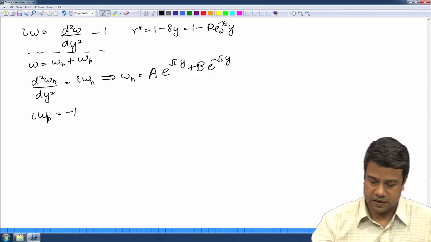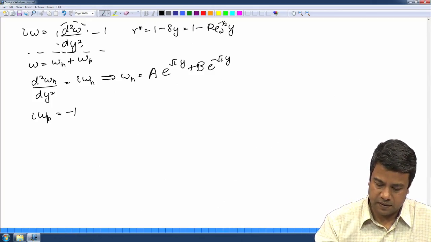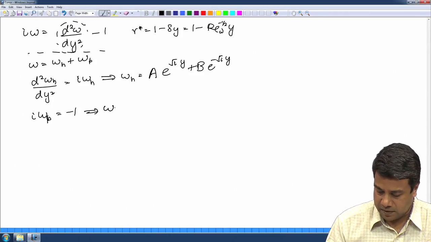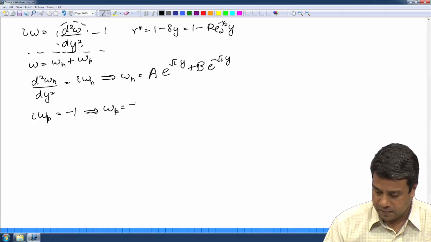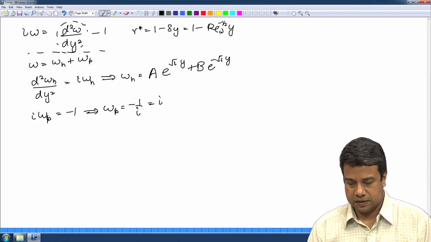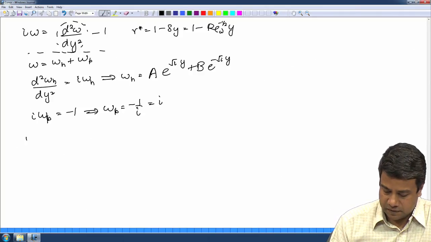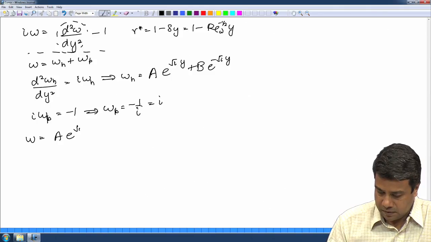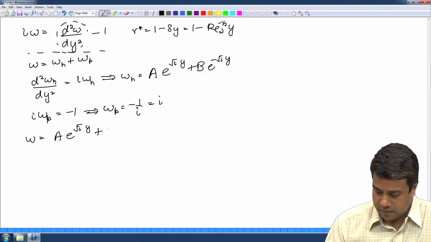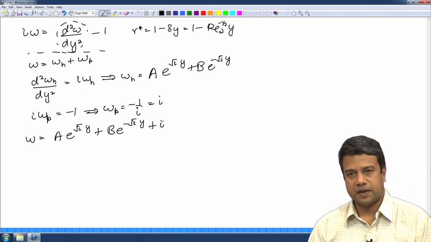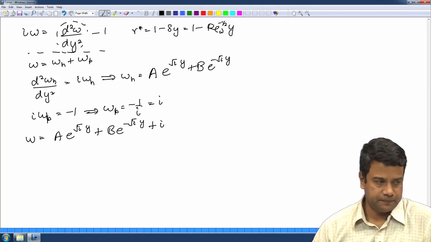Therefore, this term for the particular solution ends up being 0, which implies that w particular is equal to minus 1 over I, which is equal to plus I. Therefore, the total solution for w is equal to a e to the power root of I y plus b e to the power minus root of I y plus I. So, that is the total solution for w.